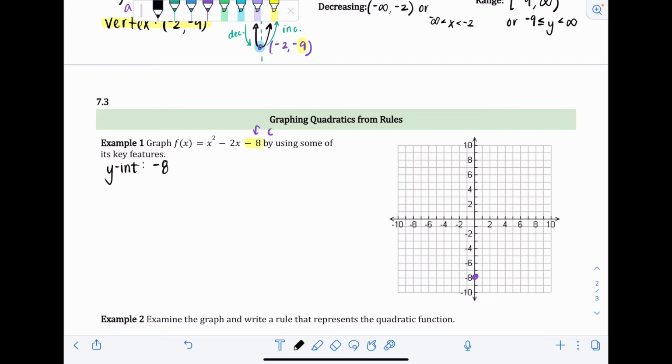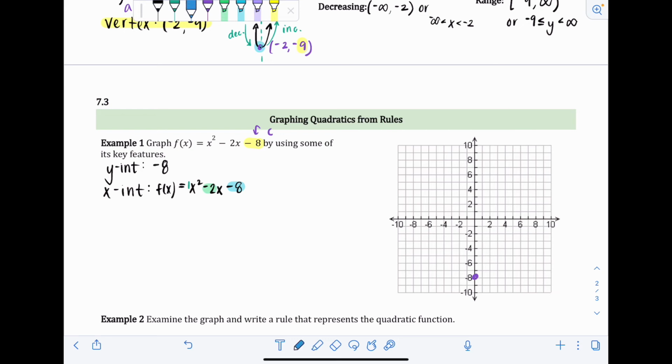For the x-intercepts, I want my function to be in factored form. So I'm going to go ahead and factor it. I'm going to set it up as f of x equals x squared minus 2x minus 8. Then a is 1, so I just need numbers that multiply to -8 and add up to -2.